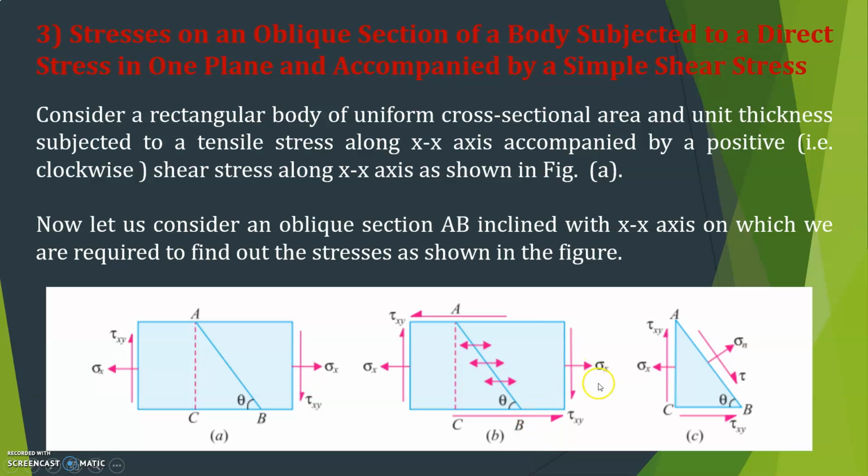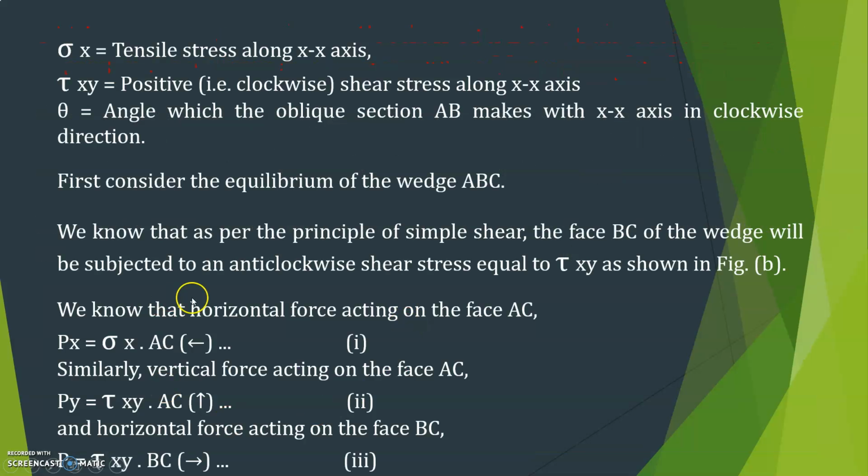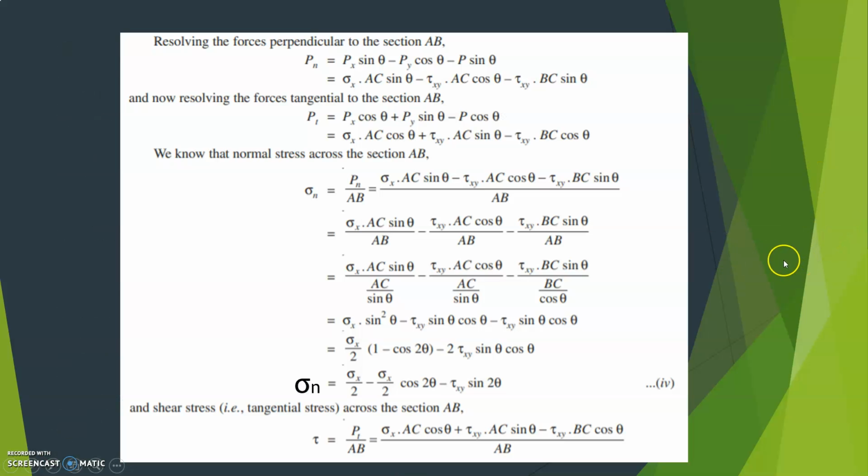Then you resolve the forces along the horizontal and also along the vertical, including the horizontal force acting on the face BC. So you get Px equal to sigma x into AC, Py equal to tau xy into AC, and P equal to tau xy into BC. You have to simplify these equations.